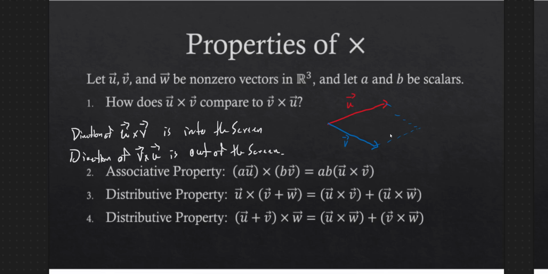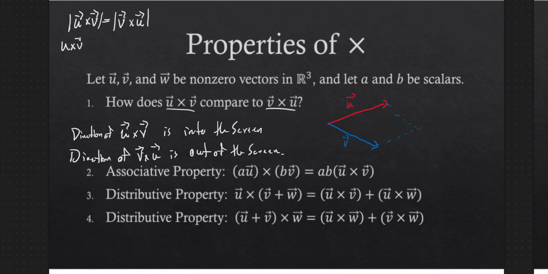But again, the magnitude is the area of this parallelogram, which hasn't changed whether I did U cross V or V cross U. So two big things to point out here. How does U cross V compare to V cross U? Well, one, in comparing their magnitudes, U cross V is exactly the same as V cross U in magnitude. However, they have opposite directions.